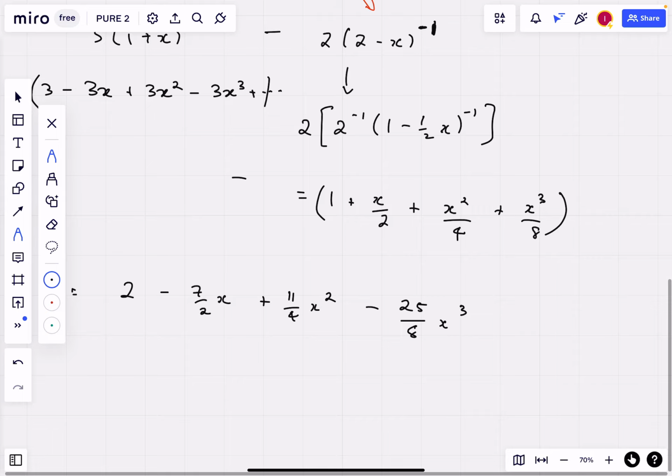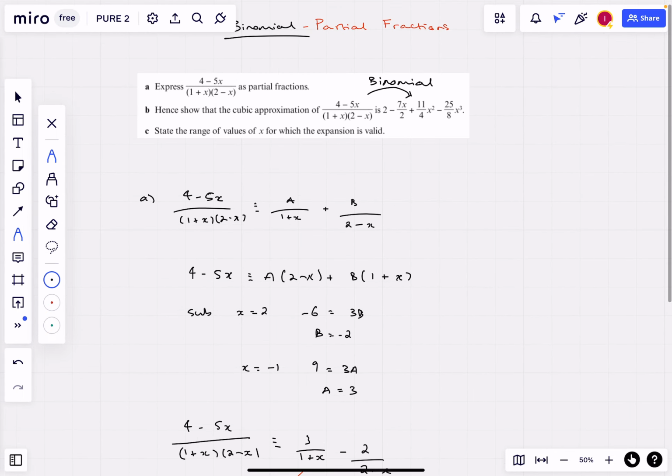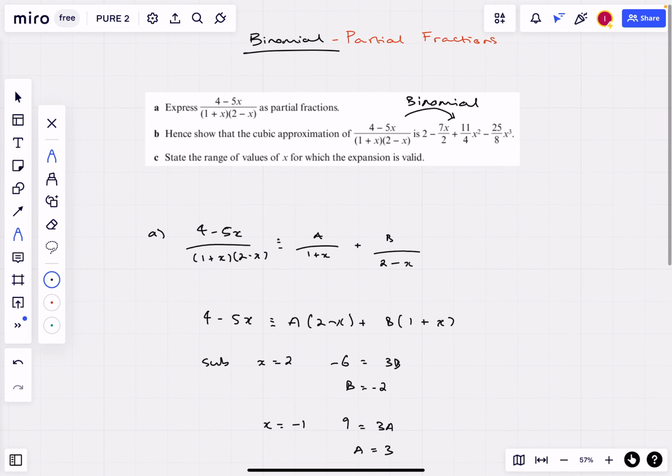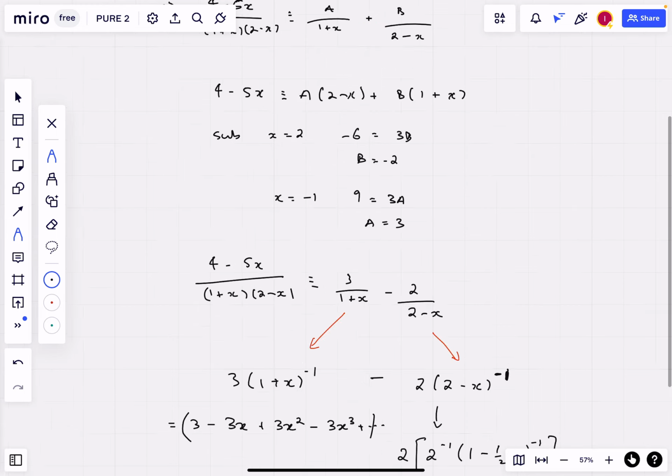Okay, cool. The last part, state the range of values of x for which the expansion is valid.